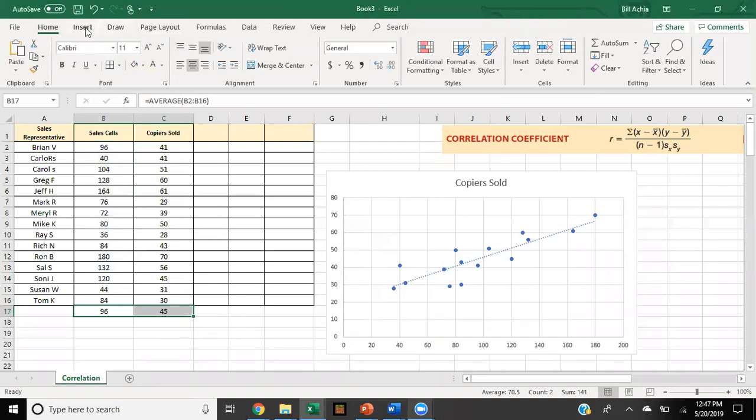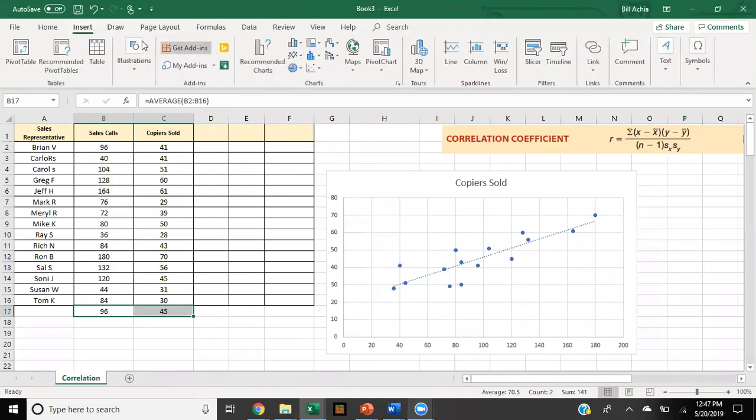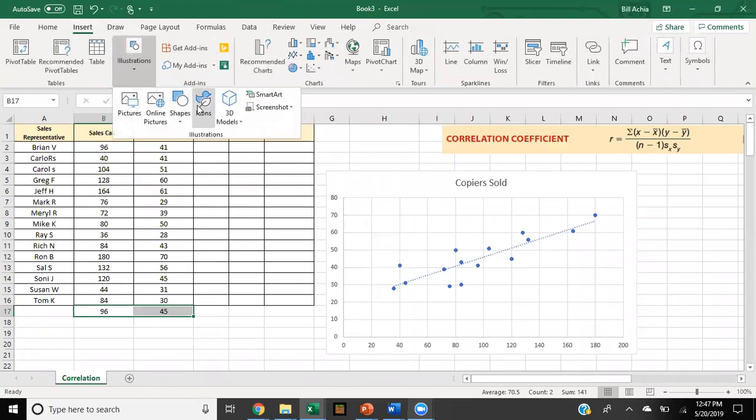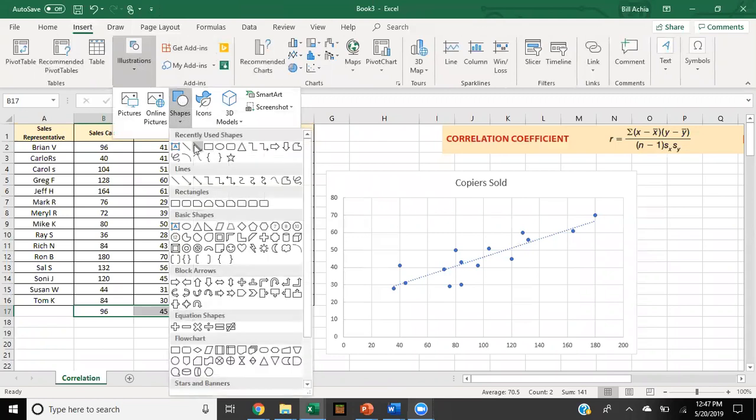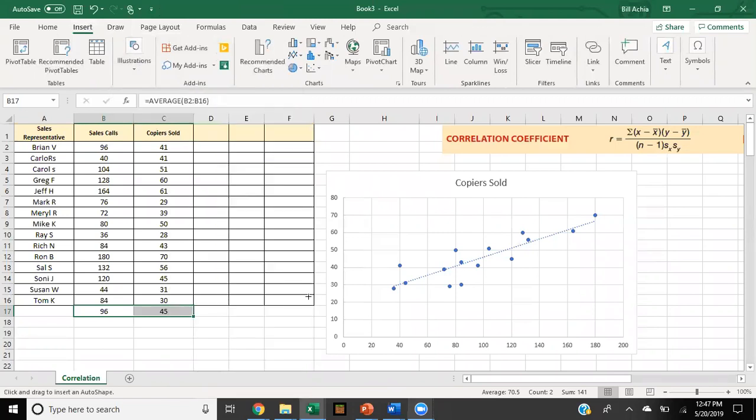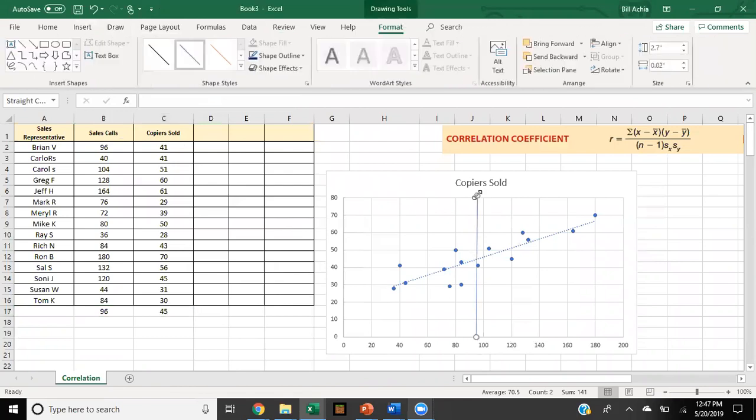Now, I'm just going to insert a line here just for visual reference. Insert, shapes, insert a line. The first line that I'm going to insert is the average number of sales calls, which would be somewhere right about here. It says you have an average of 96 calls.